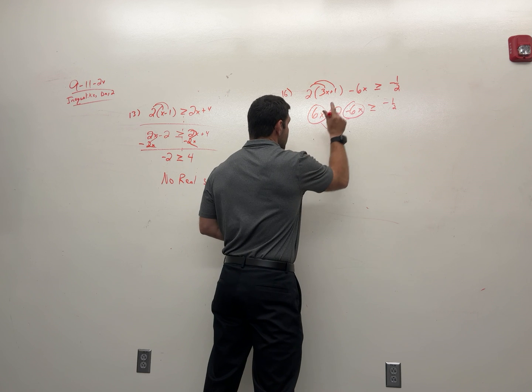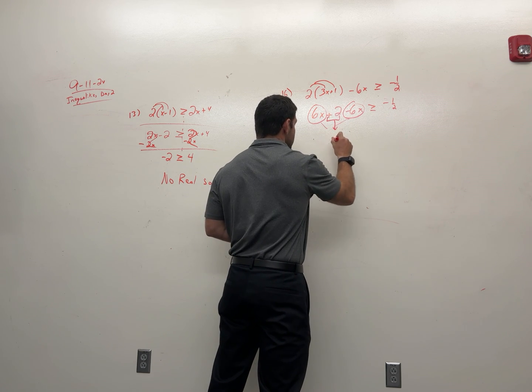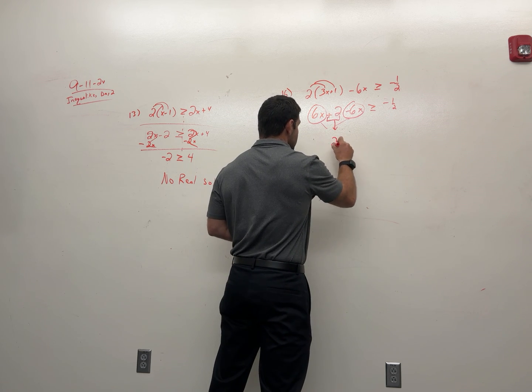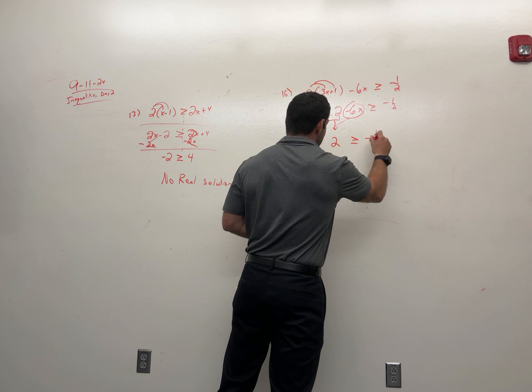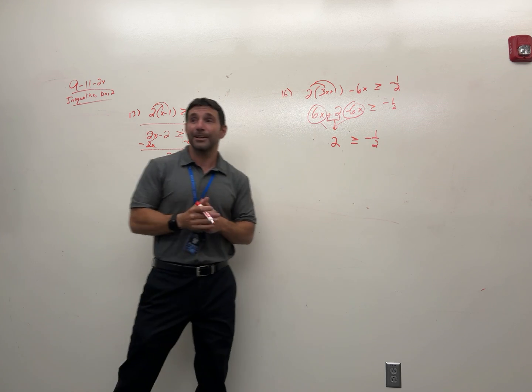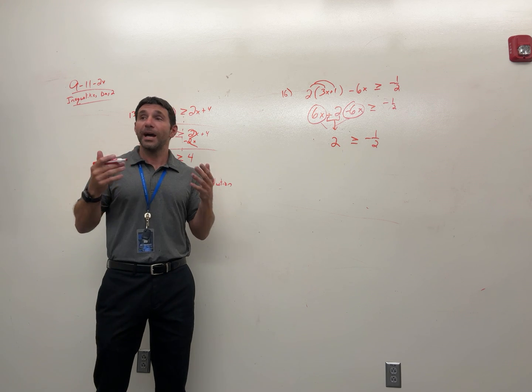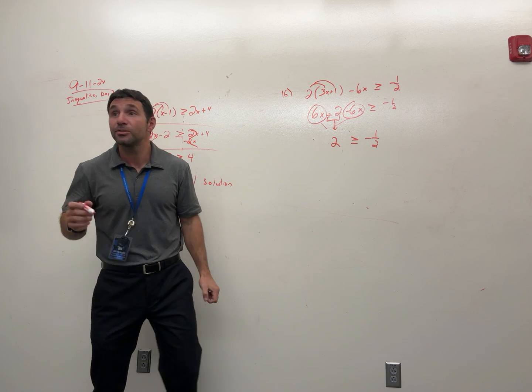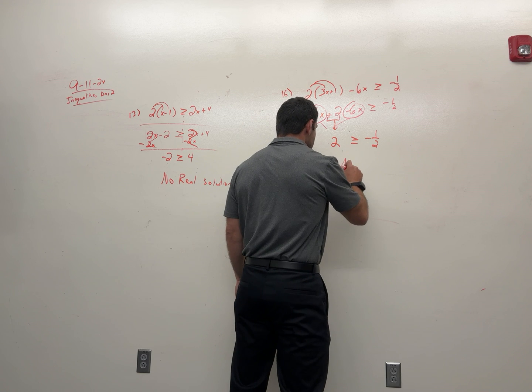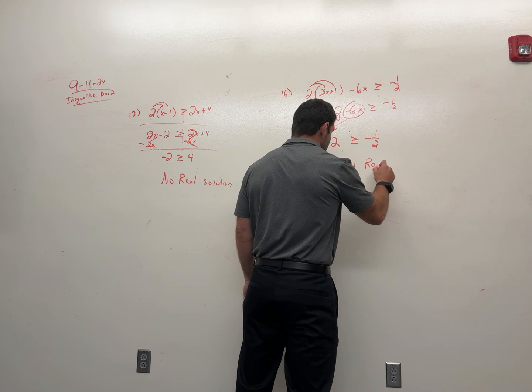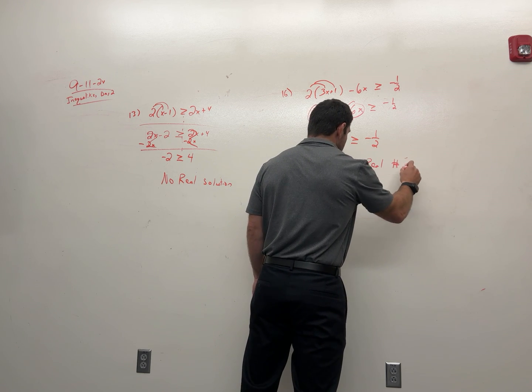So that's gone. What's left over? A positive 2 is greater than or equal to negative 1/2. Is that true? If you have no variables and the statement is true, the answer is all real numbers.